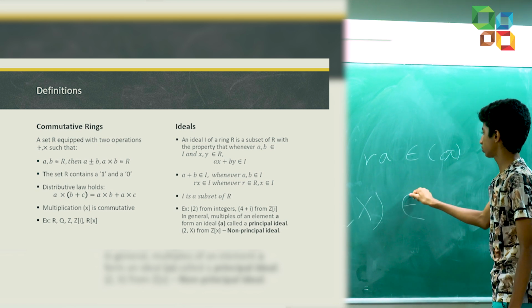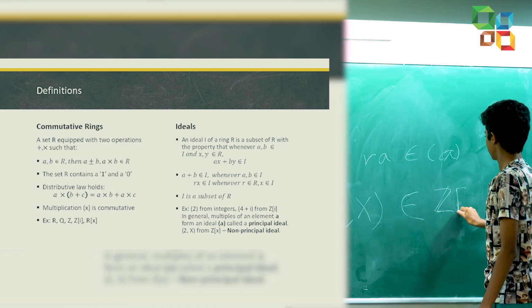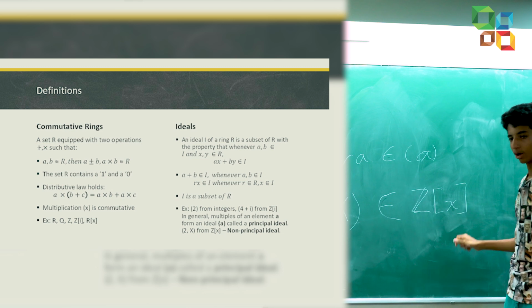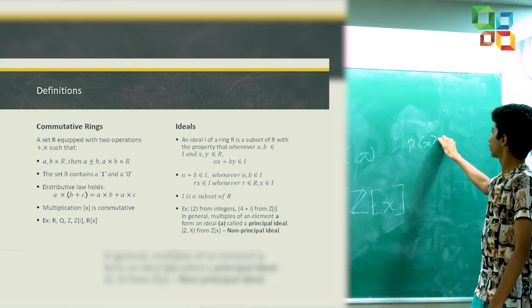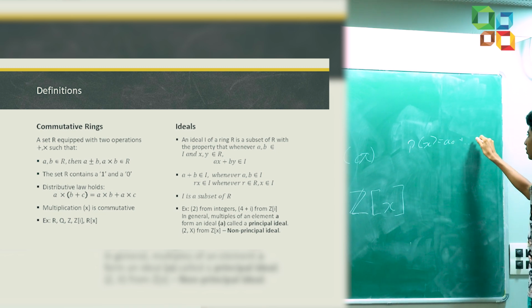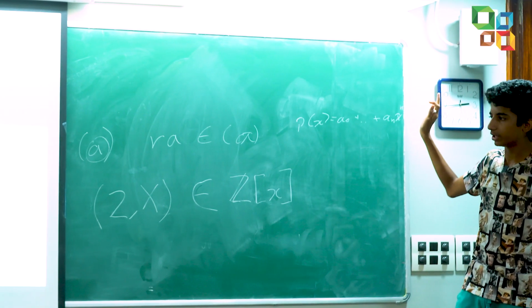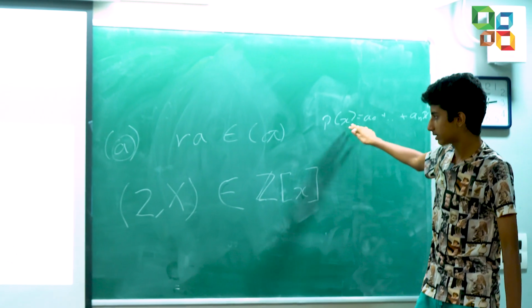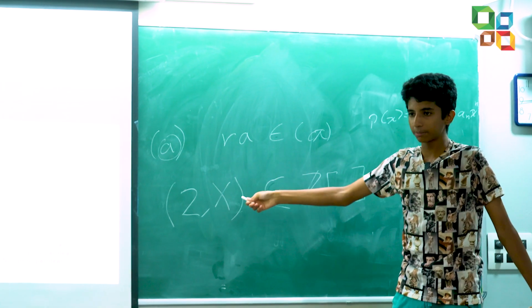This ideal belongs to the ring Z[x], that is all the polynomials with integer coefficients, so p(x) equals a0 plus dot dot dot plus an x to the power n, where a0, a1, dot dot dot belong to the integers. So this ideal over here, (2, x), is a non-principal ideal.